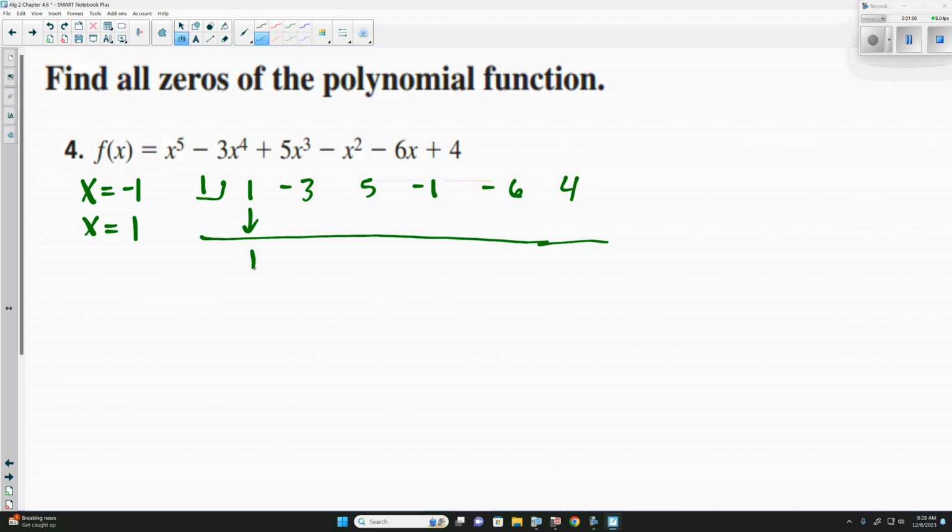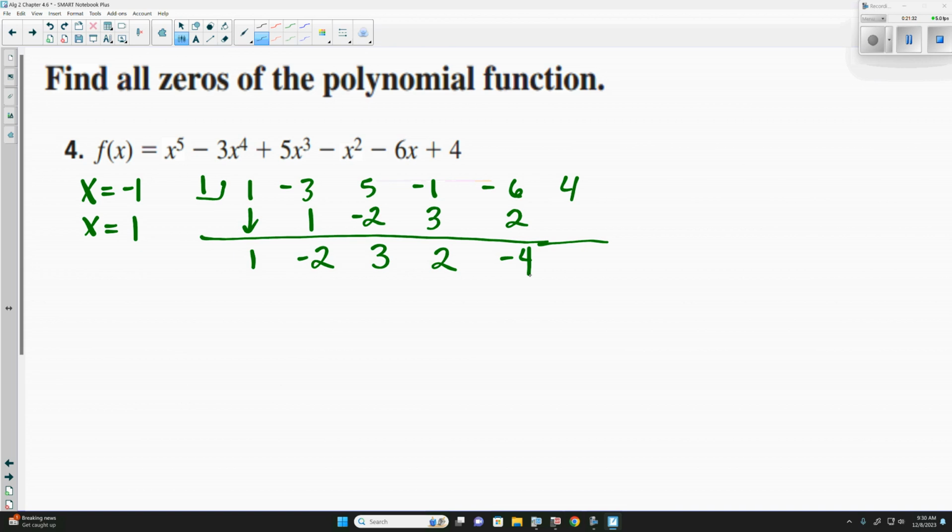Now here, our 1 times 1 is 1. -3 plus 1 is -2. 1 times -2 is -2. 5 plus -2 is 3. 1 times 3 is 3. -1 plus 3 is 2. 1 times 2 is 2. -6 plus 2 is -4.